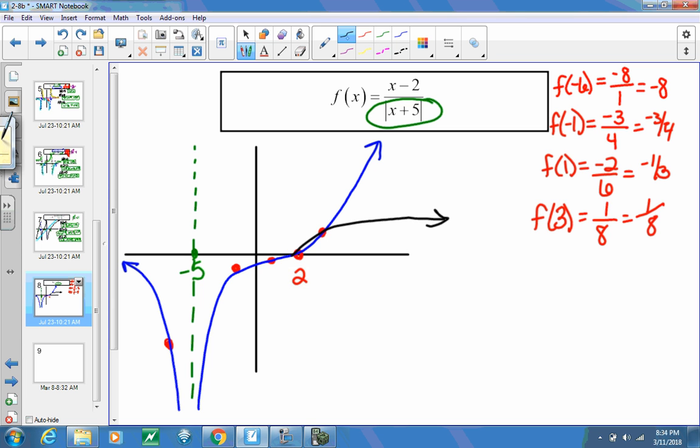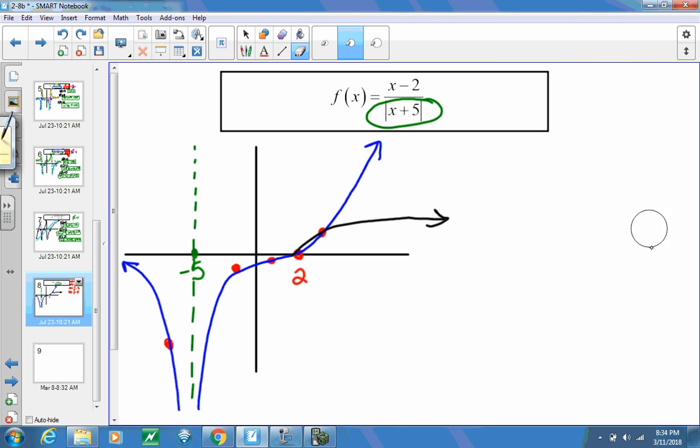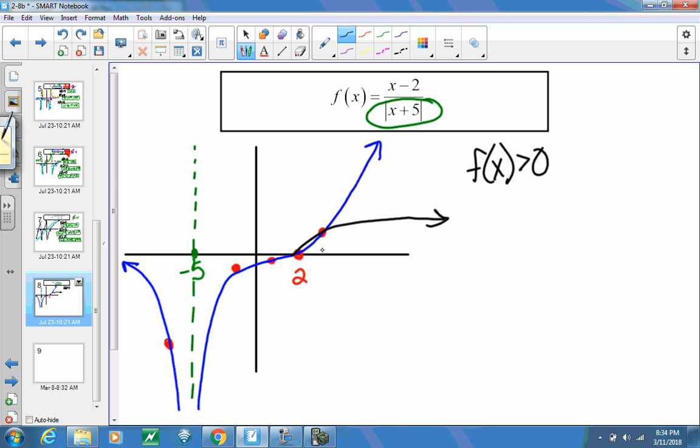I'm trying to sit here now and look at the inequalities. So when is our function greater than 0? When is it less than 0? So when f of x is greater than 0, I can see that it's only greater than 0 for when x is greater than positive 2.